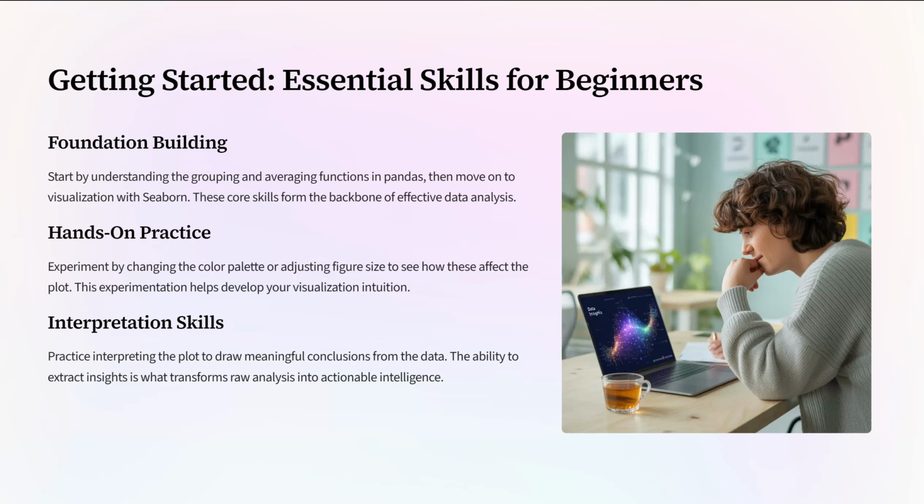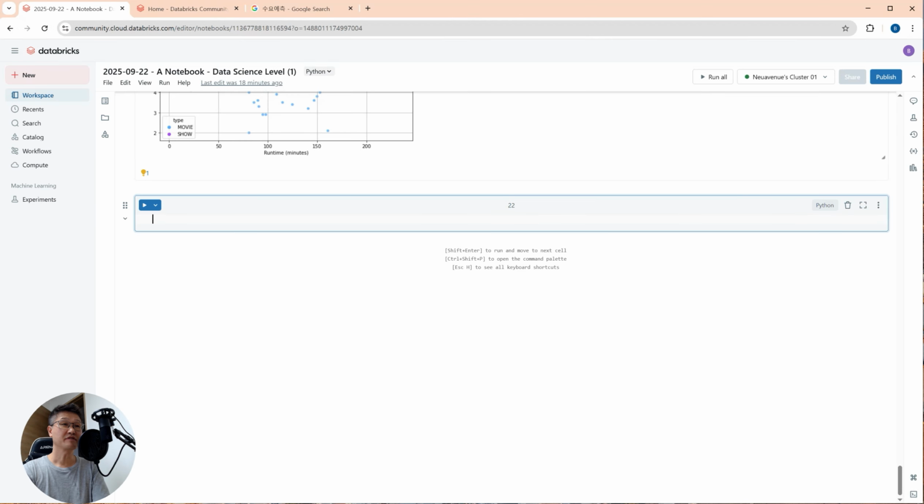For the beginners, I'm going to start by understanding the grouping and averaging functions in pandas, then move on to visualization with Seaborn. Second is improvement by changing the color palette or adjusting figure size to see how these affect the plot. Finally, practice interpreting the plot to draw meaningful conclusions from the data.